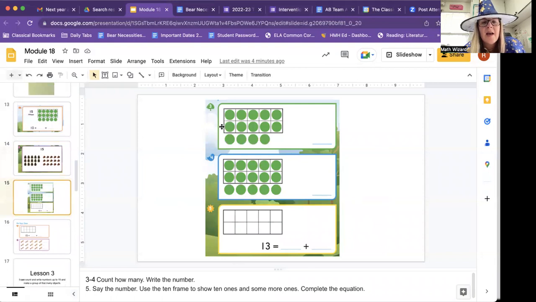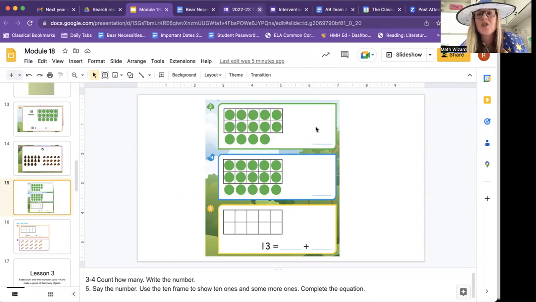Number 3. Count how many and write the number. Because these are in a 10 frame, you don't need to cross them out. We already know the 10 frame is filled up, so we start at 10. 10, 11, 12, 13, 14. How do you write that number?